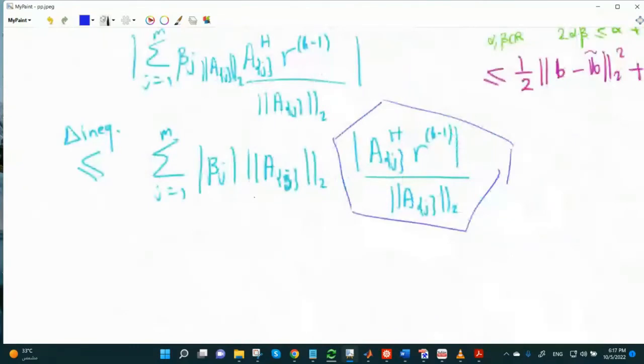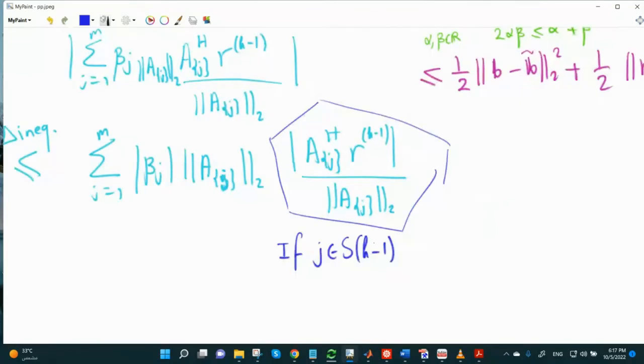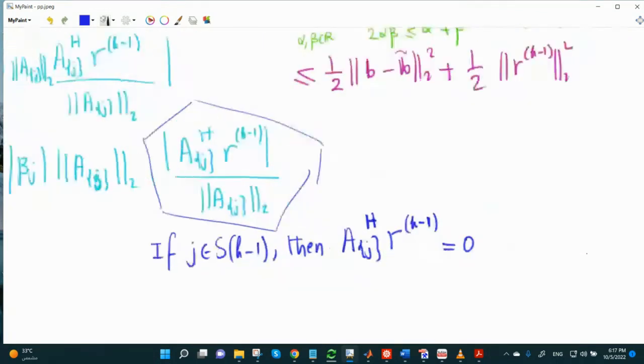So here is the idea. If j is in S_{k-1}, then a_j Hermitian r_{k-1} is equal to 0. Remember, we have orthogonality. We are solving a least squares problem.